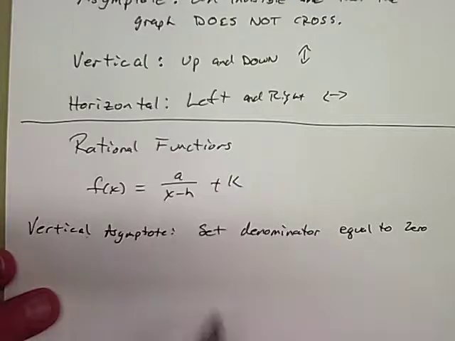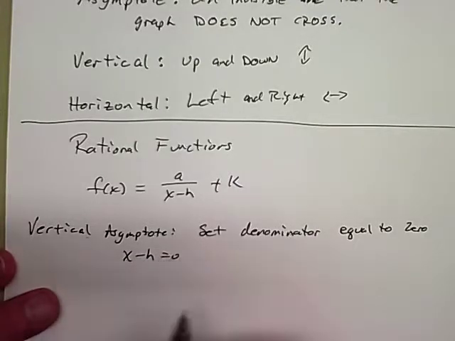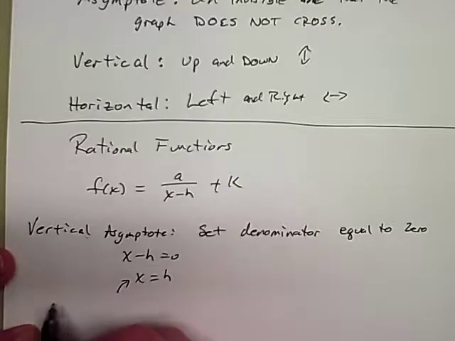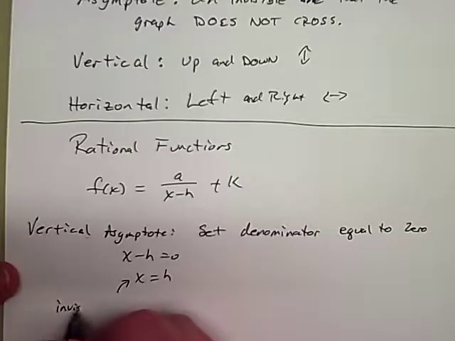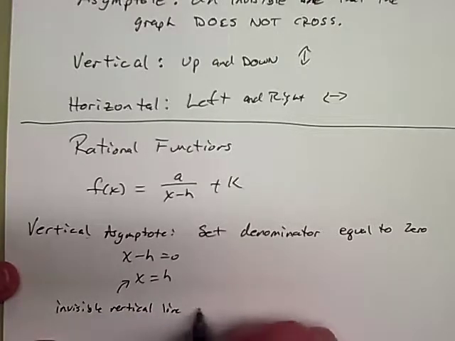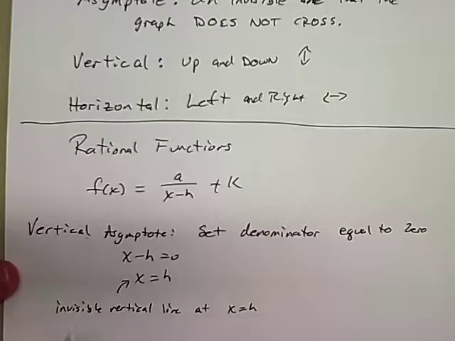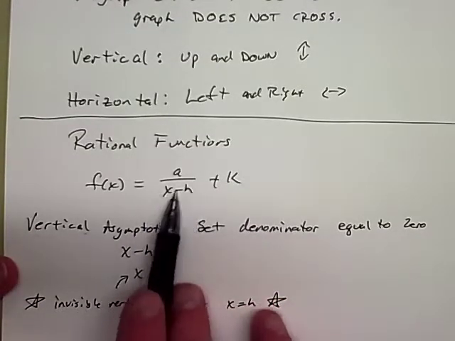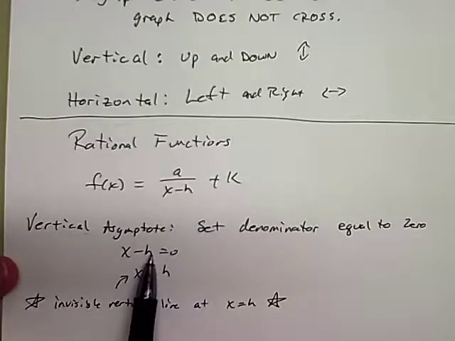So x minus h equals 0, and so x equals h, if you add h to both sides. So that means here there is an invisible vertical line at x equals h. So whenever we get one of these, we're going to say, oh, x minus h. Take whatever this guy is, set it equal to 0, solve, and then you have your vertical asymptote.